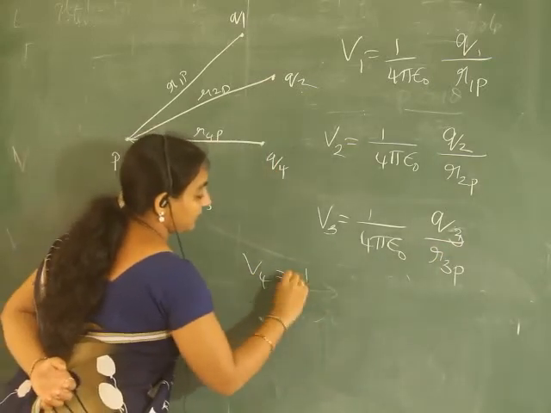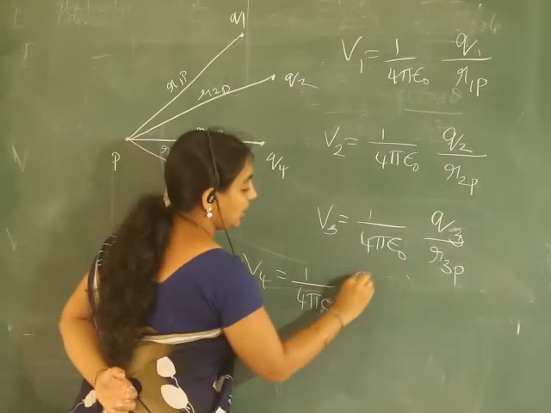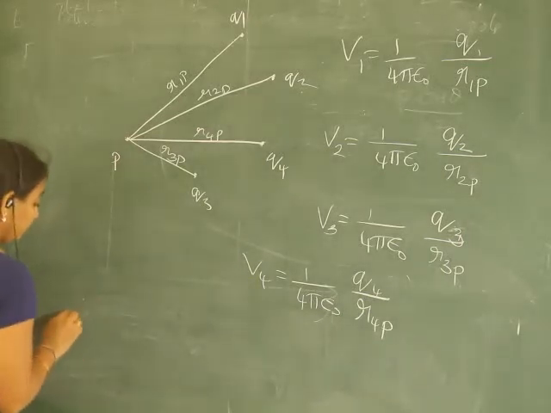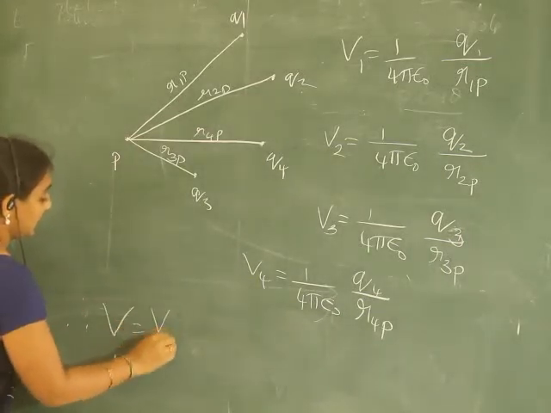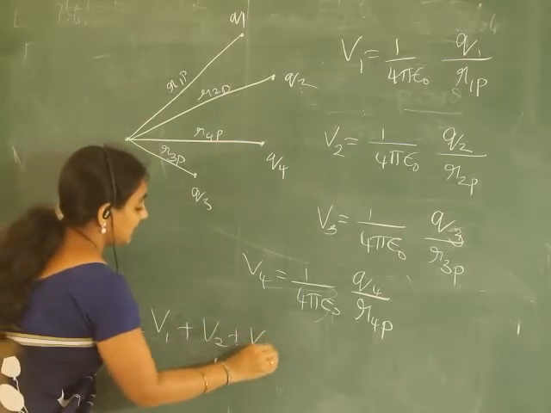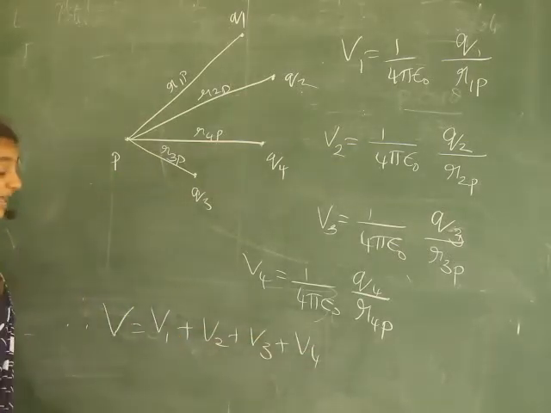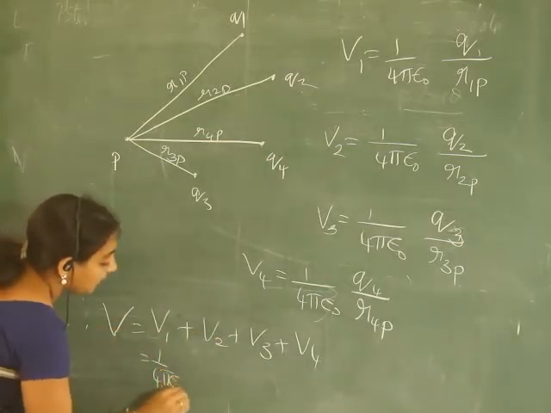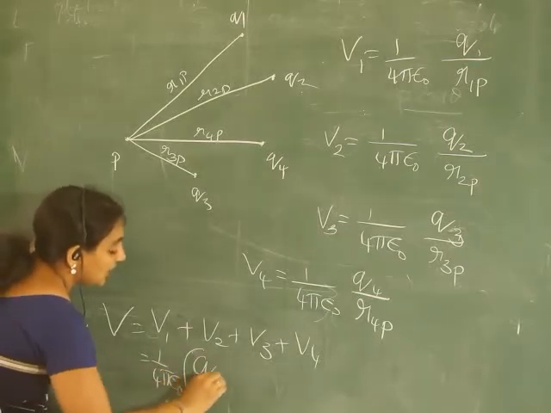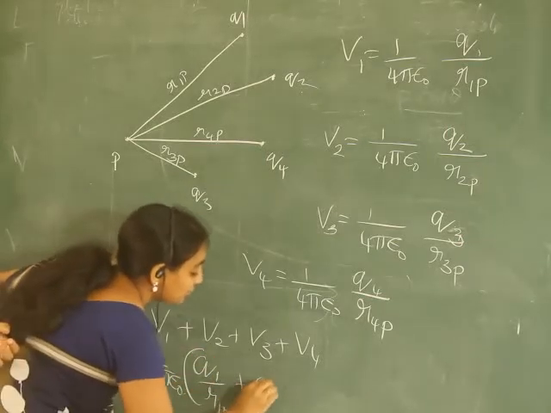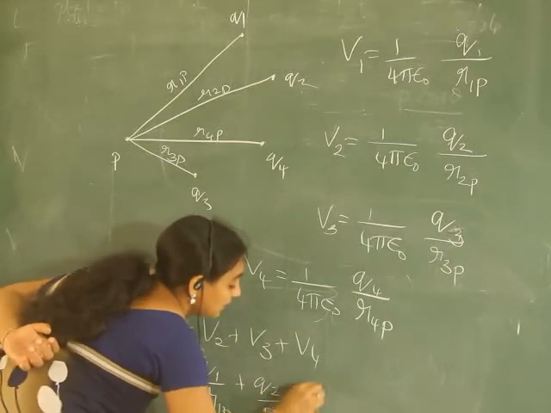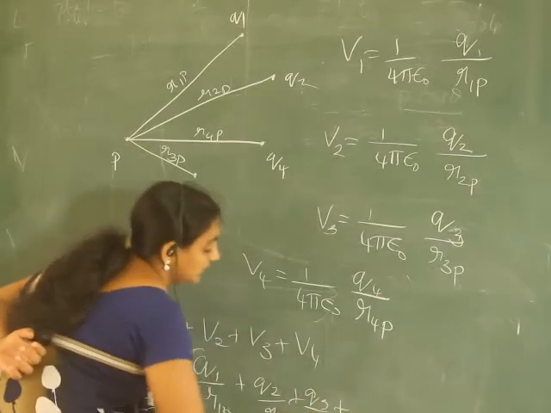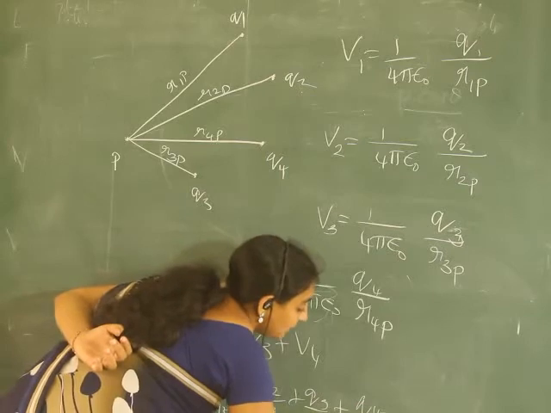V4 is equal to 1 by 4 pi epsilon naught Q4 divided by R4P. Therefore, total potential is nothing but V1 plus V2 plus V3 plus V4. It is a scalar quantity, so I can add it easily. That is 1 by 4 pi epsilon naught, Q1 by R1P plus Q2 by R2P plus Q3 by R3P plus Q4 by R4P.